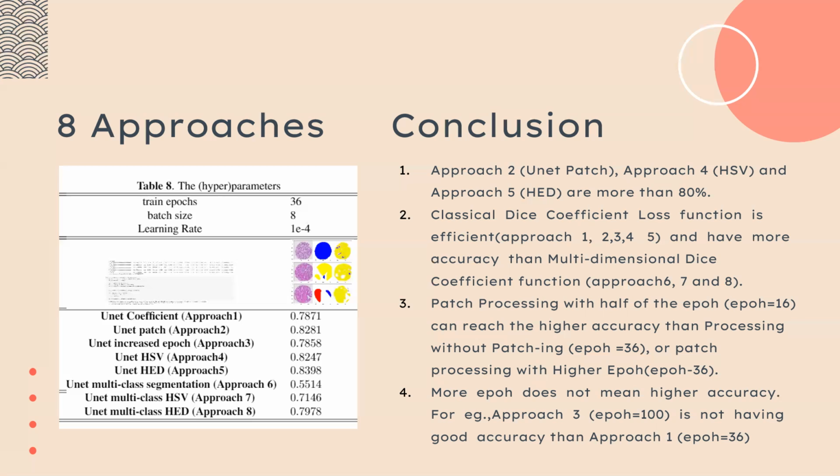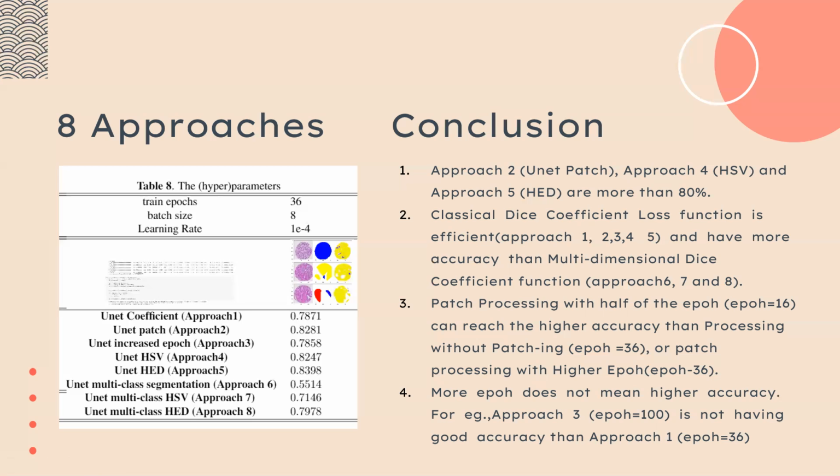After so many methods, we applied the HSV and HED augmentation in our final model training, and we also applied patch pre-processing. One more pre-processing method we tried is called Outstrew, which can help remove the artifacts or imperfections in H&E stain images.